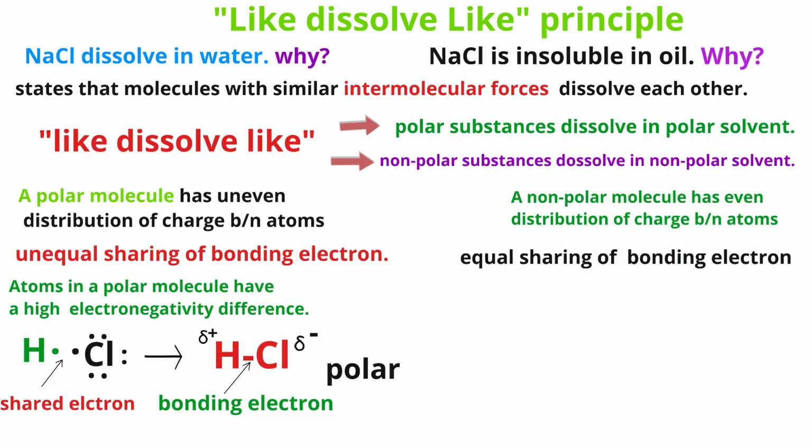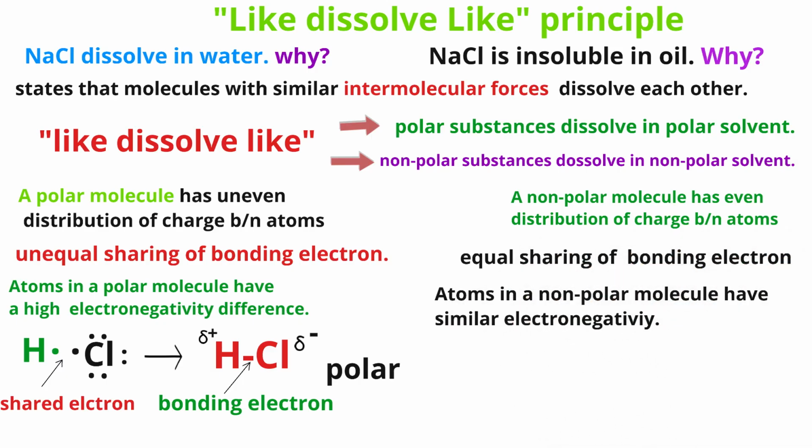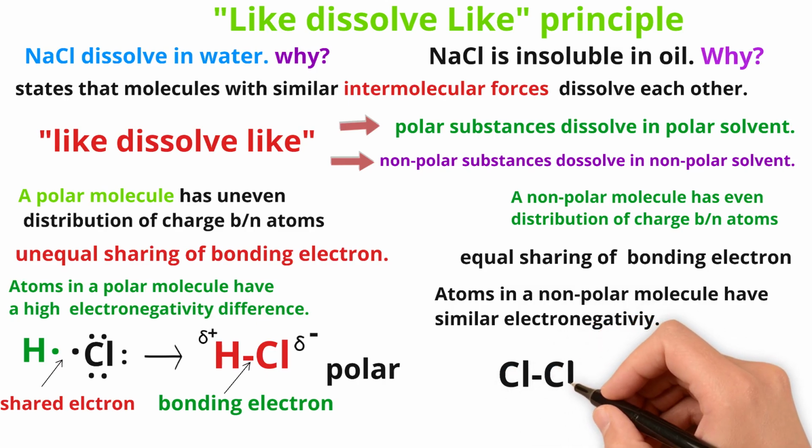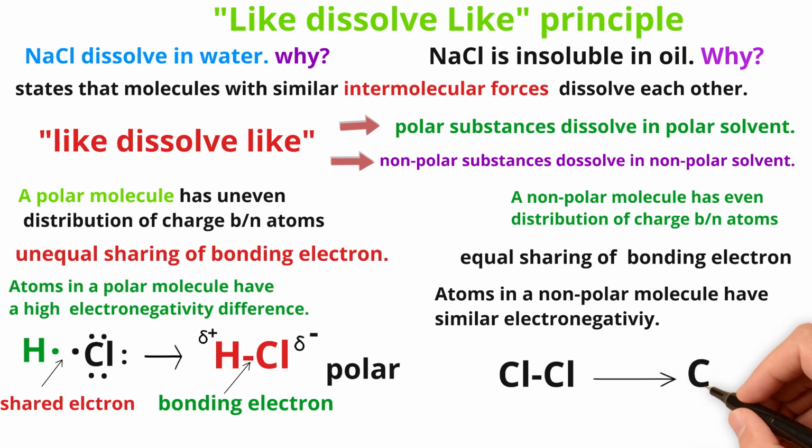A nonpolar molecule has an even distribution of charge between bonding atoms. There is equal sharing of bonding electrons. Atoms in a nonpolar molecule have similar electronegativity values. Now, for example, let us take the chlorine molecule.